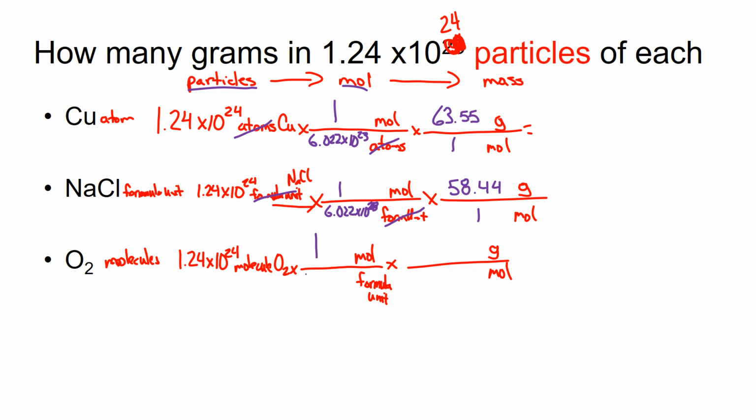Same thing for every 1 mole, I have 6.022 times 10 to the 23rd molecules. That should have been molecule. So I get rid of molecule, and then grams. All right, check your answers.